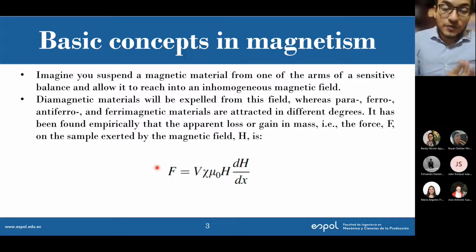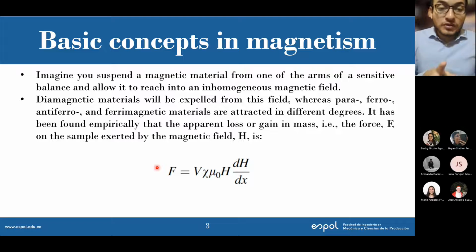For example, if you have a diamagnetic material, well, that material will be expelled from that field. But if you have a paramagnetic, a ferro, or an antiferro, or a ferrimagnetic material, the material will be attracted to that magnetic field in different degrees, obviously.